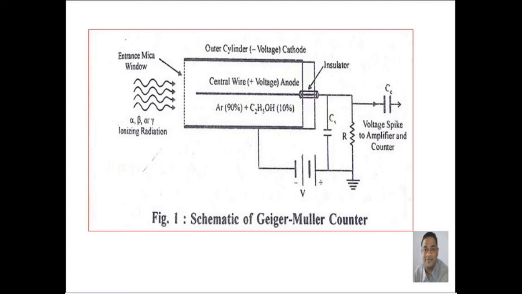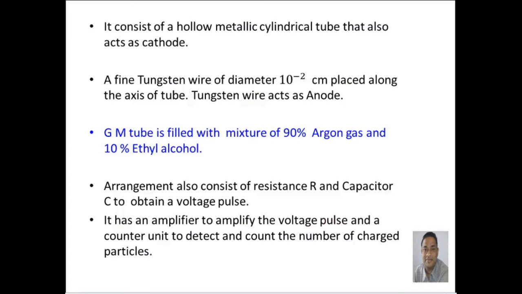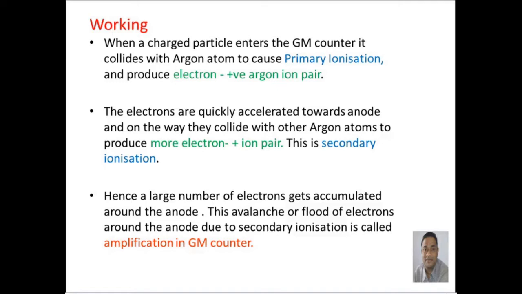This voltage pulse is of very low magnitude, maybe millivolts or so. So there is an amplifier to amplify this voltage pulse, and the amplified pulse is then fed to a counter unit which detects and counts the number of charged particles.